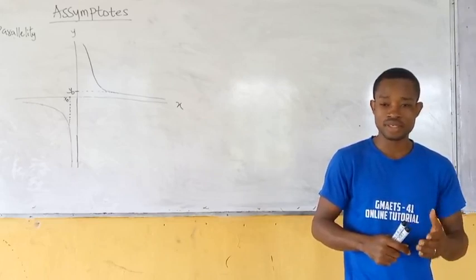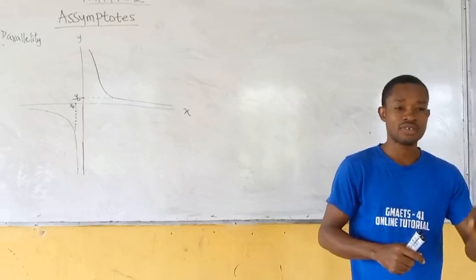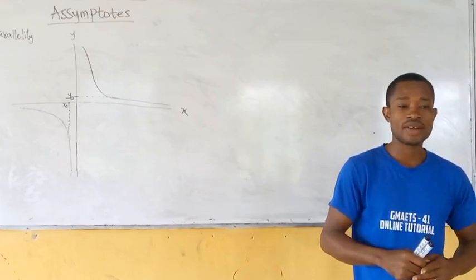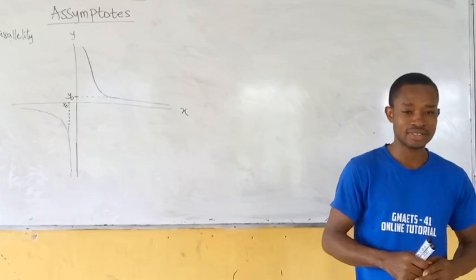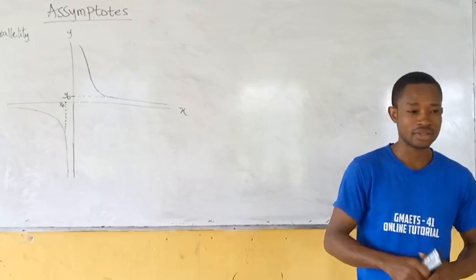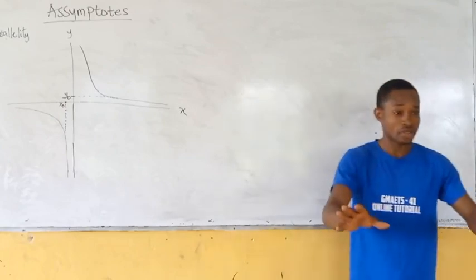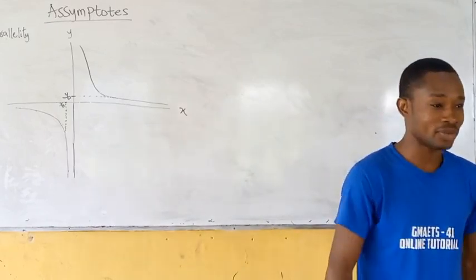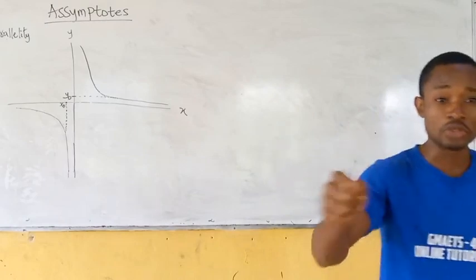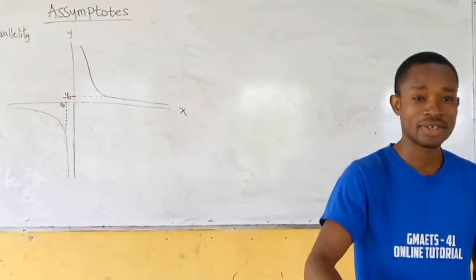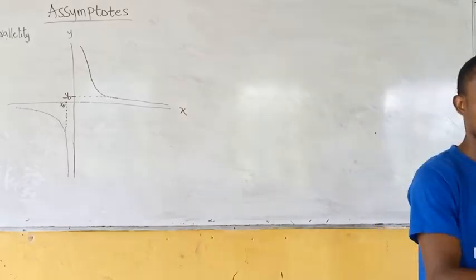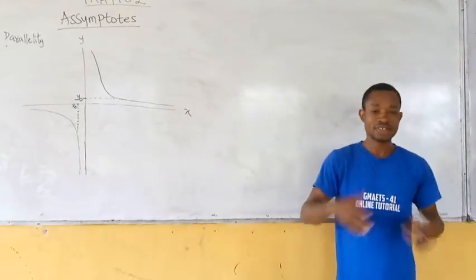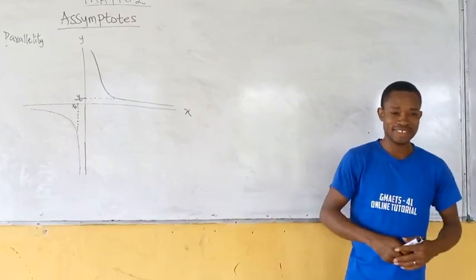It requires that we determine the value of y at which the parallelity began. Okay, I've explained that concept also, isn't it? The question will now be, how do you get this x value at which the vertical asymptote will occur? How do you get the y value at which the horizontal asymptote will occur?